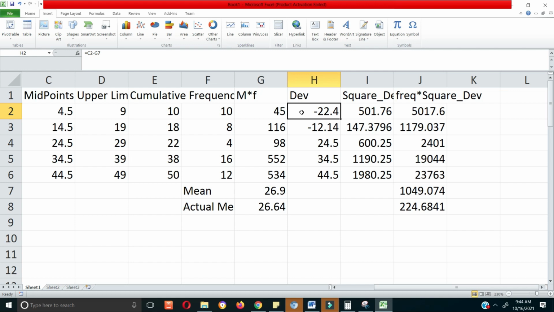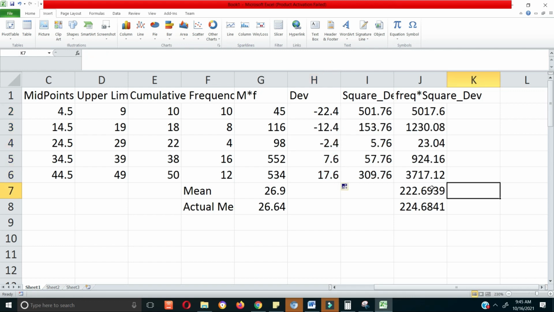So I think this is where we have the problem. Yeah, so the midpoint, because the midpoint is the representative value minus the mean, so I didn't fix this. So you have to be very careful when using Excel. Make sure you fix your values.